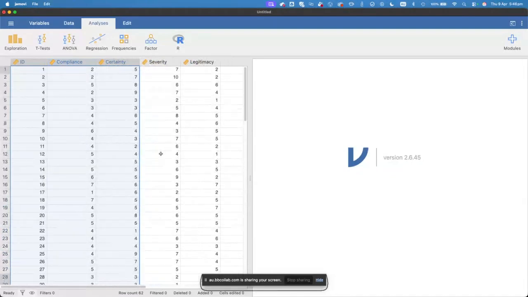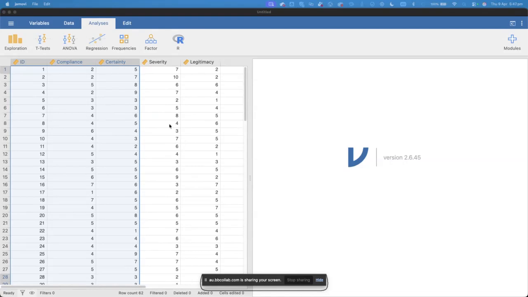How many observations do we have? 62, excellent. Well, how did you work that out? Row count, excellent. So down here you have row count, so 62 observations. Very, very good. So that is how many observations.